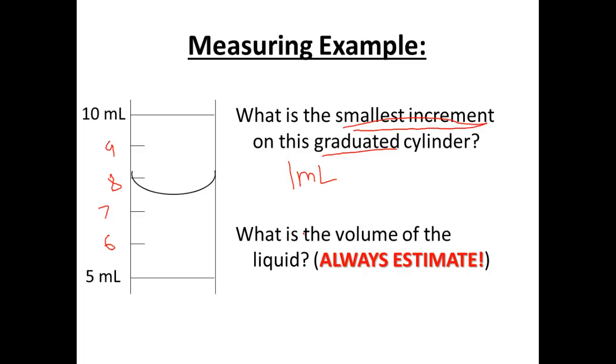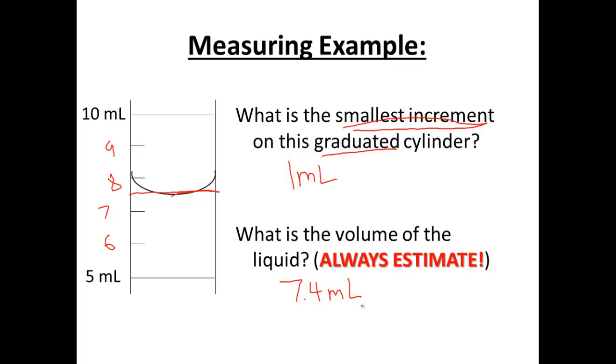If we're going to the smallest increments, we're going to estimate that one extra spot. In this case, we're at 5, 6, 7, between 7 and 8. That's where our line would end up. So in between 7 and 8, we're at about 7.4 milliliters.